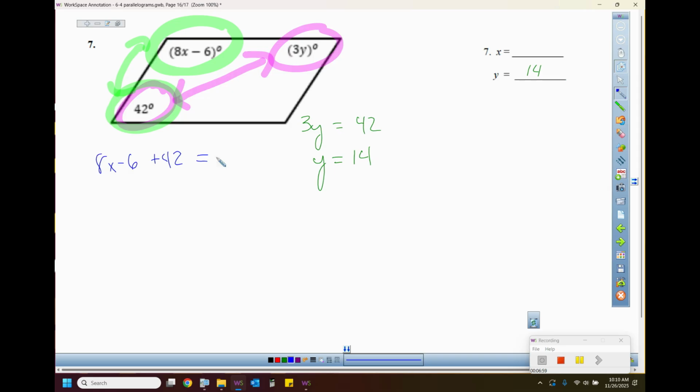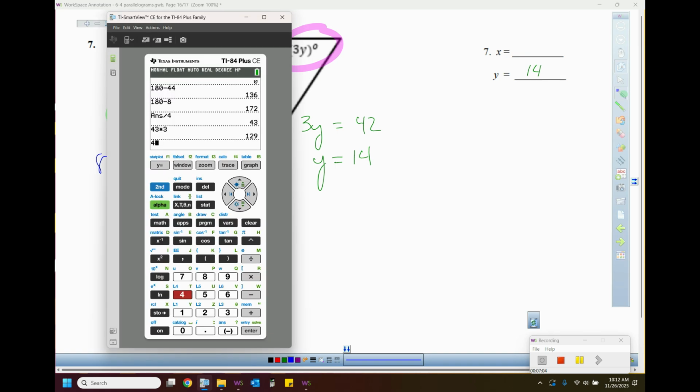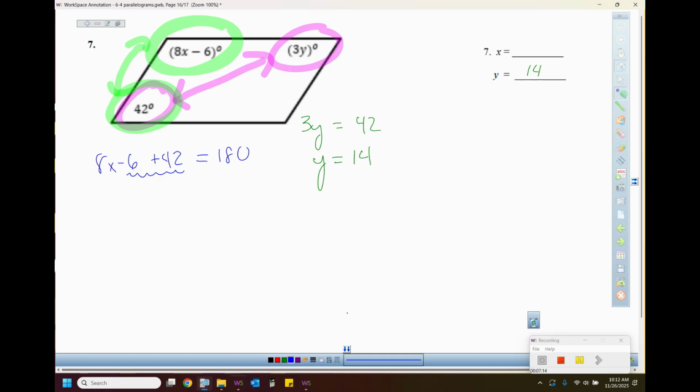So if I add those together, that should be 180, and see these are like terms right here, so you can combine them together. You have a 42 and a negative 6, 42 and a negative 6 is 36. So you have 8x plus 36 equals 180. And then we can solve that bad boy.